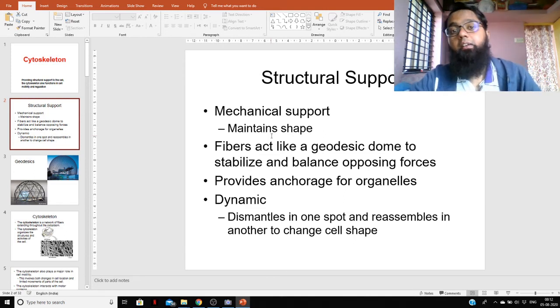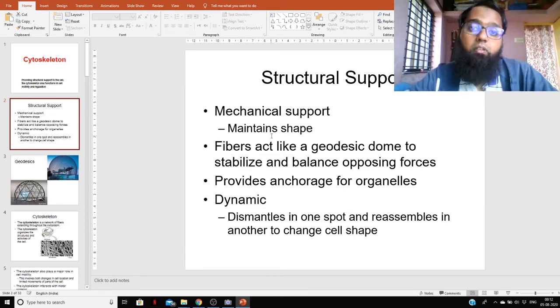You might be getting an idea that it might be a rigid structure as it is present in our body, but it is not like that. The cytoskeleton is very flexible, very dynamic. That means they are able to undergo assembling and disassembling, assembling and disassembling. So for this, the cytoskeletal structure needs to have a proper protein structure.